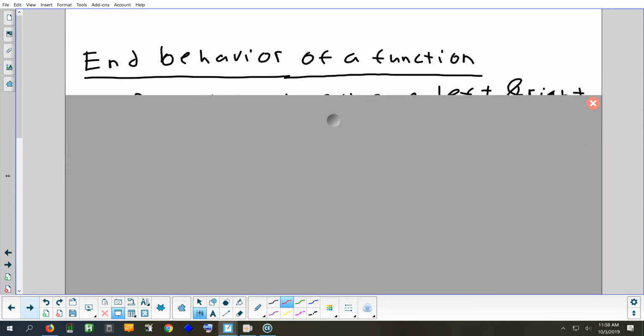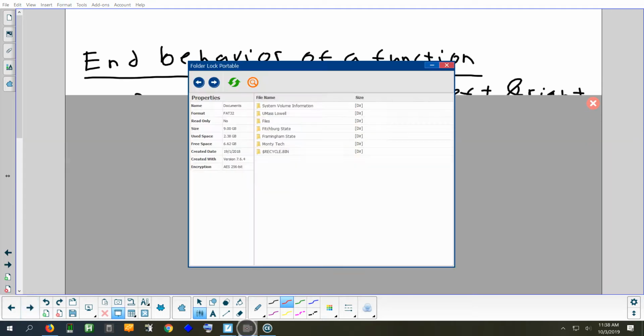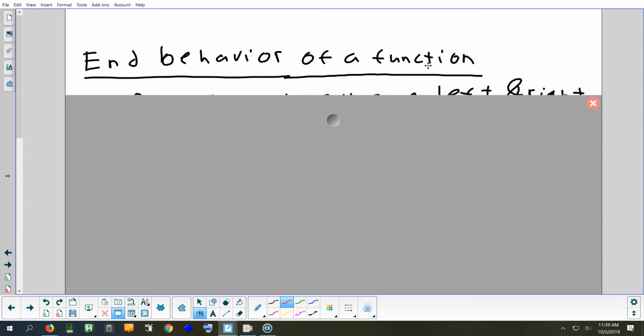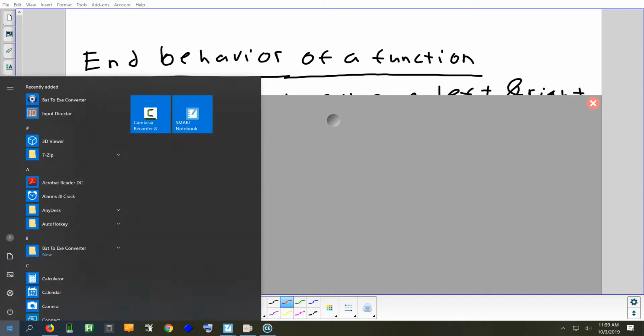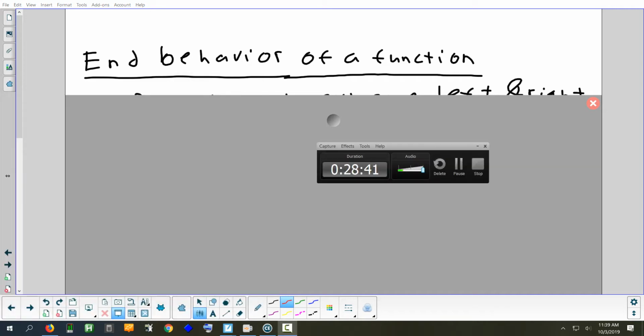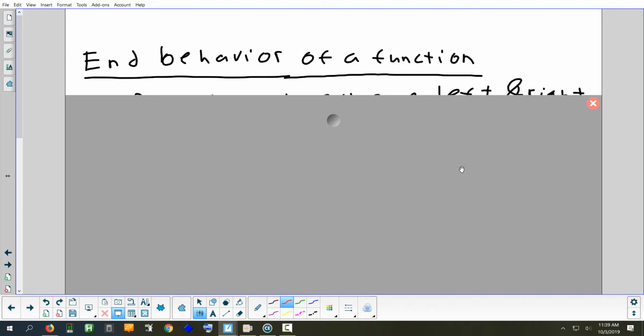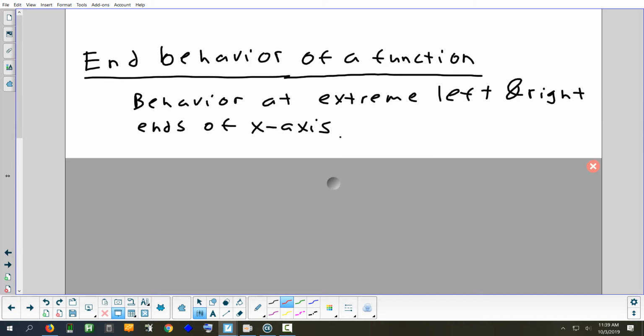And now we're going to look at the last topic, which is end behavior. End behavior is, I think, the easiest thing in this section to understand, even easier than the last two. End behavior is when you look at what's happening to your function on the extreme left and right ends of it.